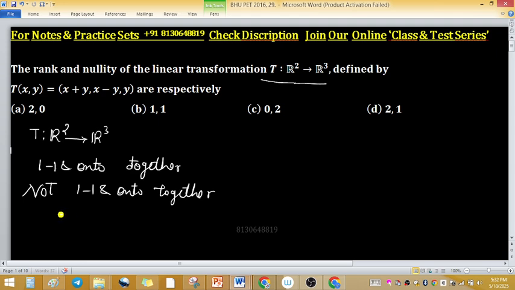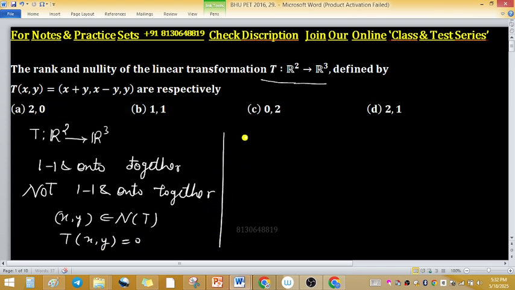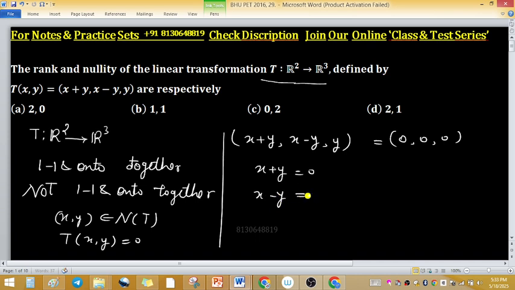If you consider element (x, y) belongs to N(T), then T(x, y) equals 0, and T(x, y) means (x plus y, x minus y, y) equals 0, 0 of the correct size. It means (0, 0, 0). By the equality of ordered pairs, we have x plus y equals 0, x minus y equals 0, and y equals 0.